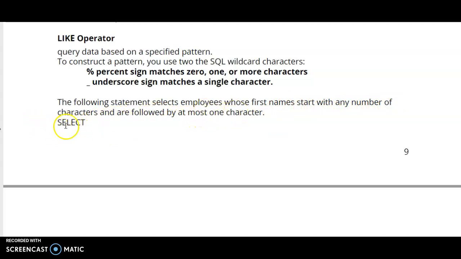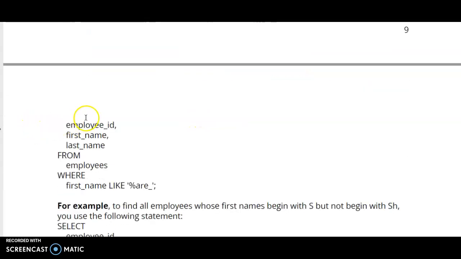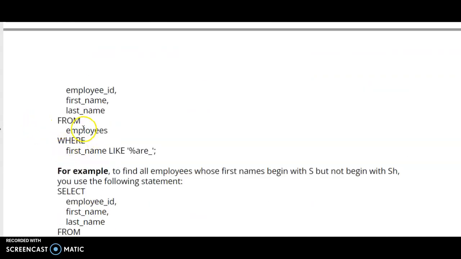So we write the query for that: select employee ID, first name, last name from employees where first name like, multiple characters therefore percent, then ARE, and at last only one character, therefore underscore.